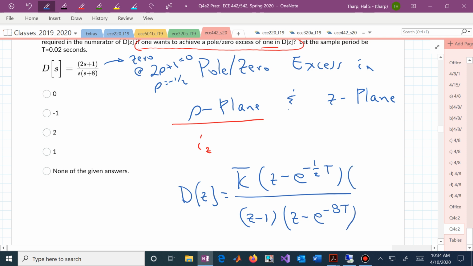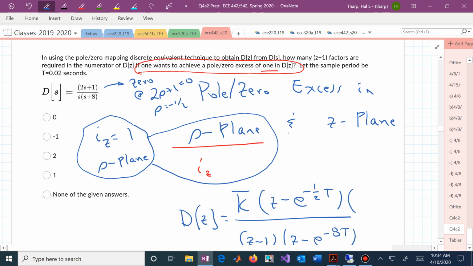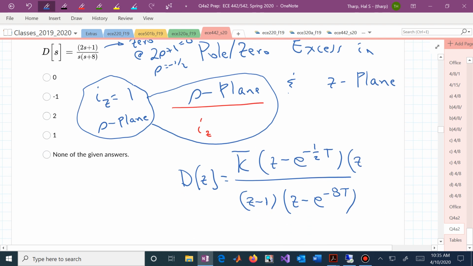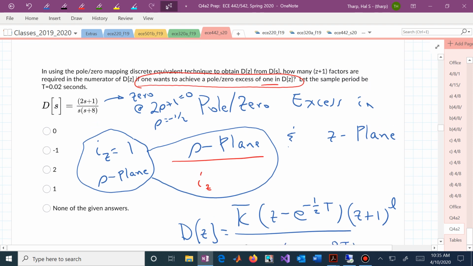The default would be, oh, my I sub z in the S-plane is actually 1. I have 1, 0 at infinity, or I have a pole zero excess in the S-plane of 1. So that would have said, oh, I need this L to be 1.